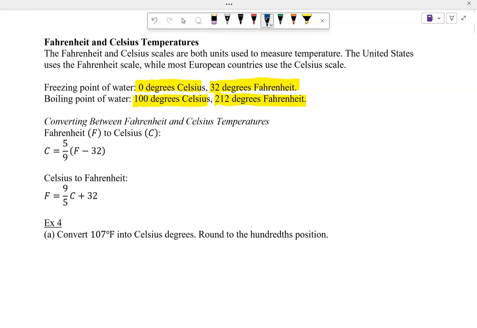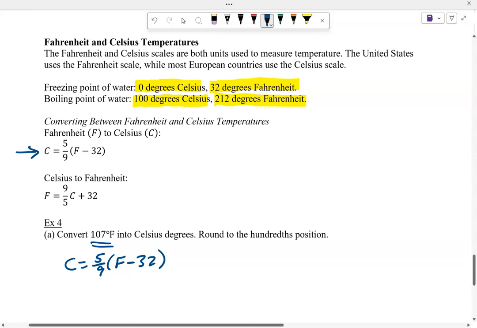So let's go from 107 Fahrenheit into Celsius. So this is what we have. We're going to go from Fahrenheit to Celsius, so we're going to use that top one, 5/9 times F minus 32.